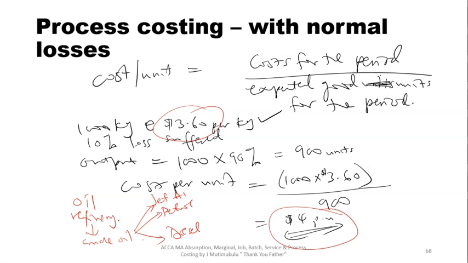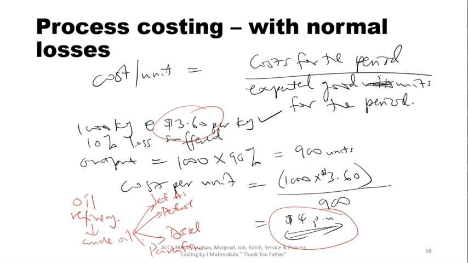But along the way they might end up producing some poor quality liquids which they call paraffin. So this is actually a normal loss, but they do not dispose of paraffin for free. Normally they charge some value.